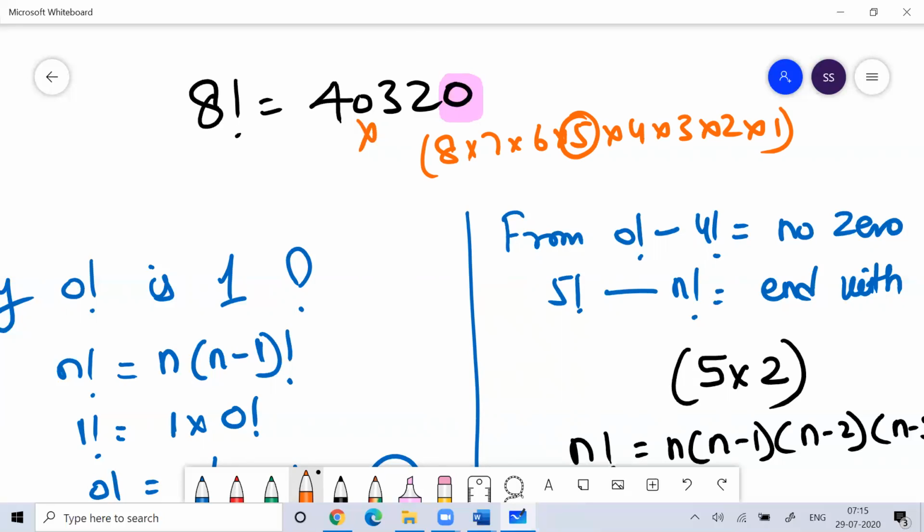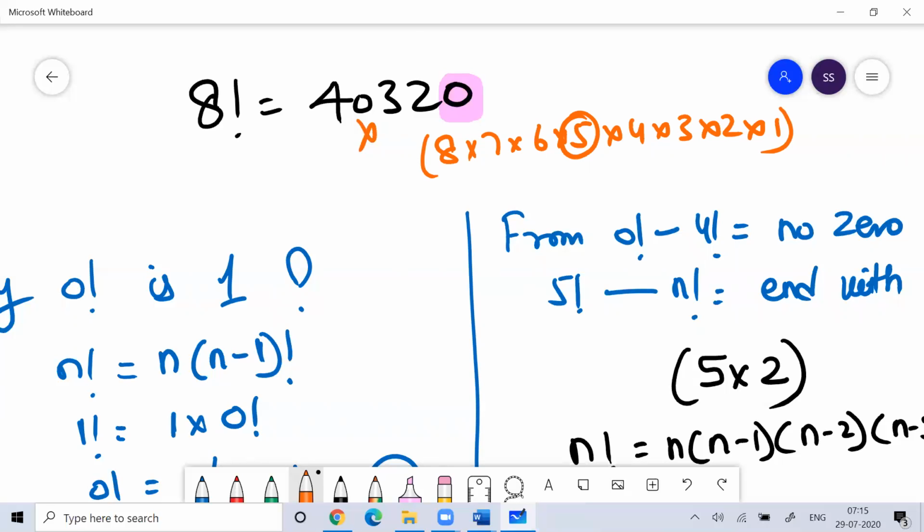So you just need to run behind 5. If you take 16 factorial, there are 3 zeros, because one 0 will come from 15, one from 10, and one from 5.